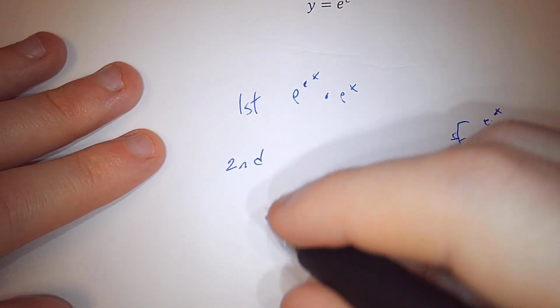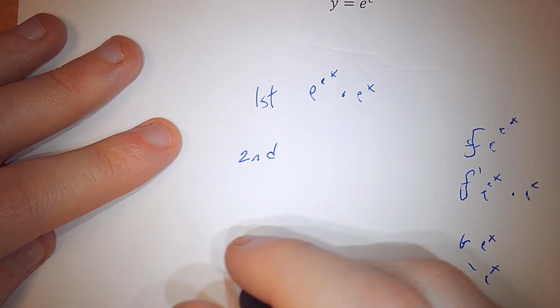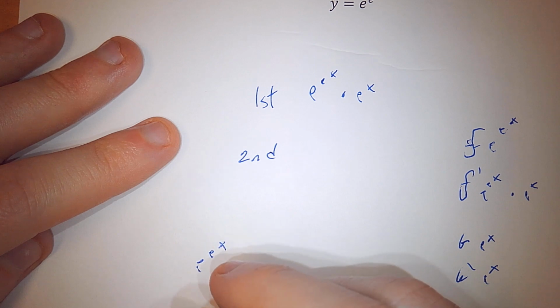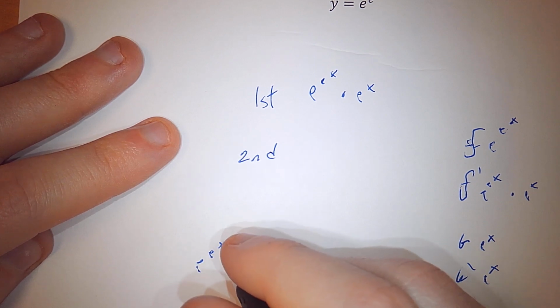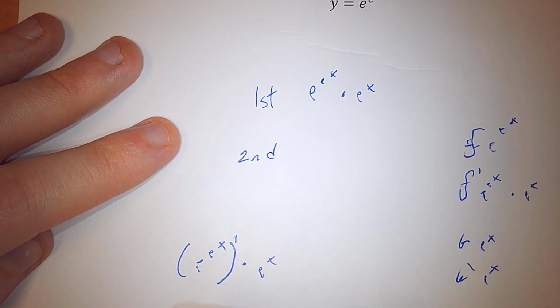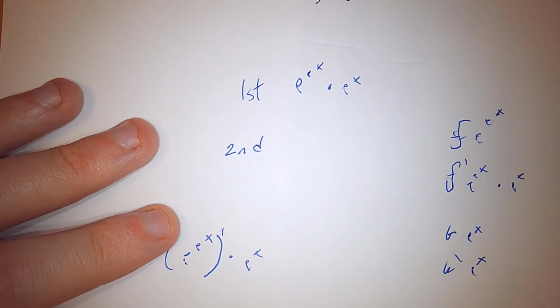So now we can use the product rule, which is e to the x prime times e to the x, and that expands out into e to the x times e to the x times e to the x.